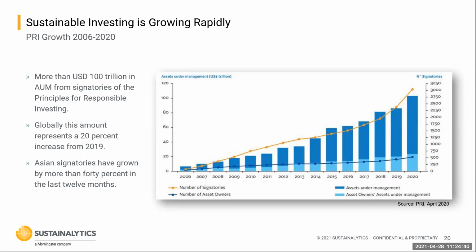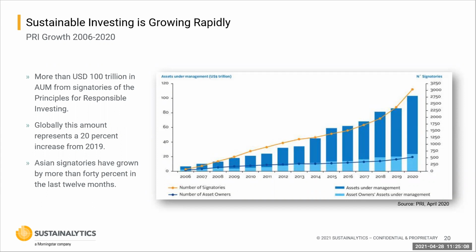The PRI is a voluntary framework that encourages signatories to integrate ESG more broadly into investment decision-making processes and report transparently about how this is being done across the organization and across its funds.